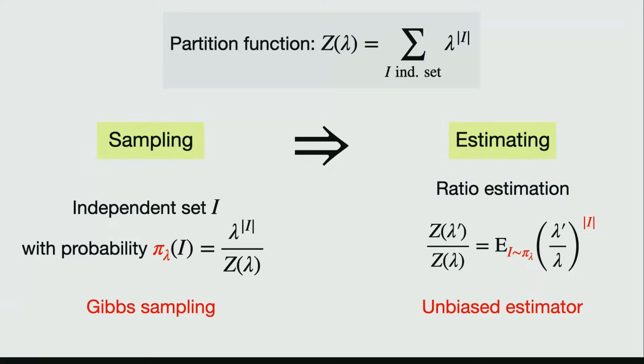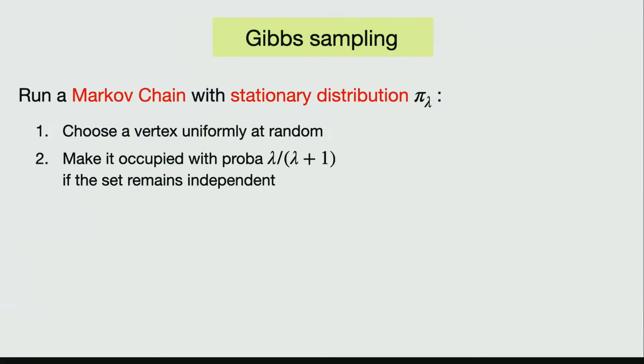Okay, so let me decompose each of those two tasks to see how we can arrive at the final algorithm. So first, for Gibbs sampling, the usual approach, which has been developed this morning by Anthony, is to run a Markov chain whose stationary distribution is exactly equal to the Gibbs distribution. Okay, so in case of independent set, you can run a very simple Markov chain that just applies local updates.